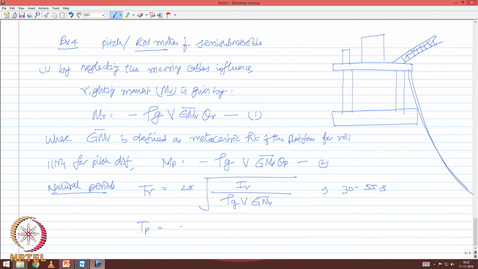In terms of pitch, it is 2π √(I_p / (ρ g V GM_P)), which is approximately 20 to 40 seconds. In these expressions, I_r is the mass moment of inertia in the roll degree of freedom, and I_p is the mass moment of inertia in which degree of freedom?